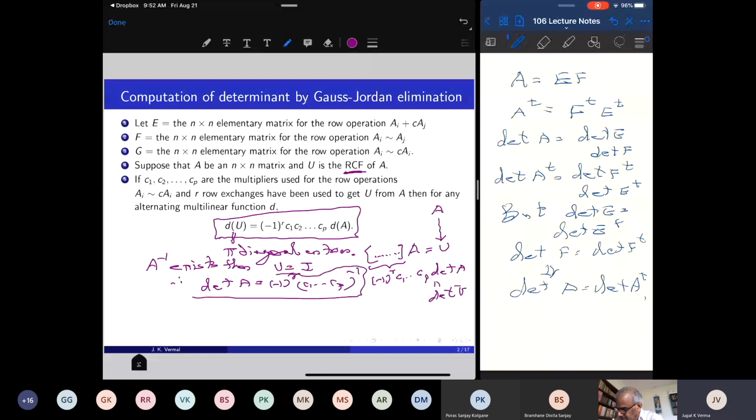That is the determinant if it is invertible. Otherwise, if it is not invertible, determinant of A is 0. Okay, so this is the Gauss elimination method. Are there any questions?